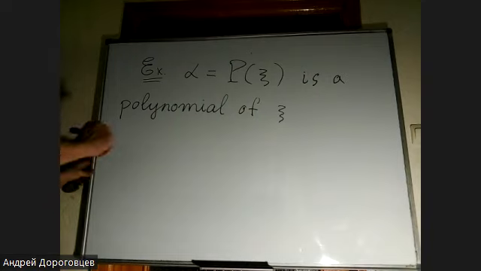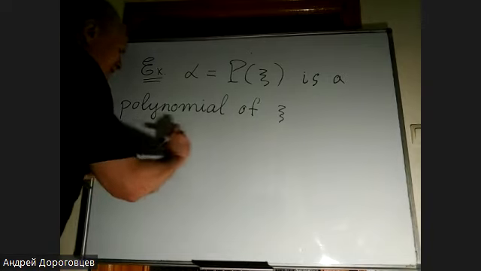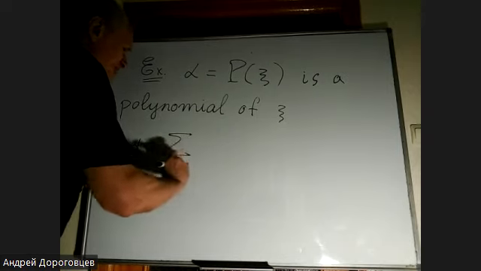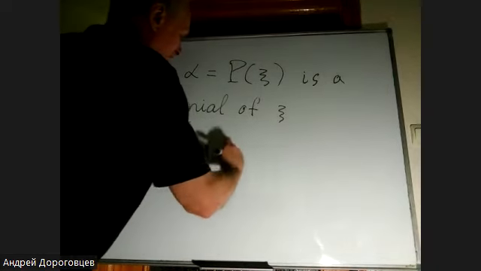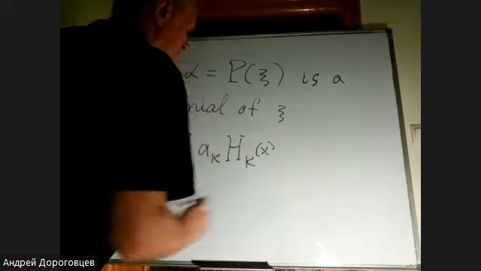Take alpha as a polynomial of psi. Then, of course, alpha must be equal to the sum from k equals 0 to n of a_k h_k of psi.